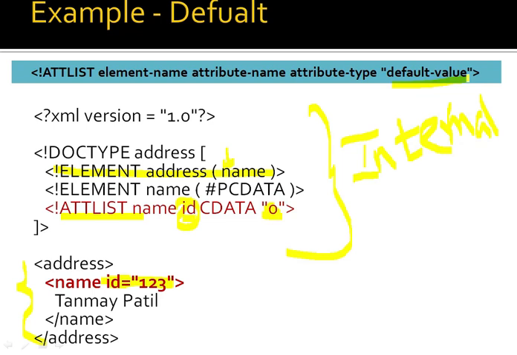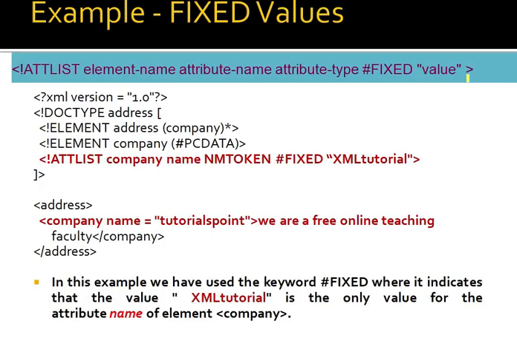Then if it is fixed, look at the same example again. Address is the root element, company is a child element, and you know the purpose of this star: the element can occur 0 or more times.